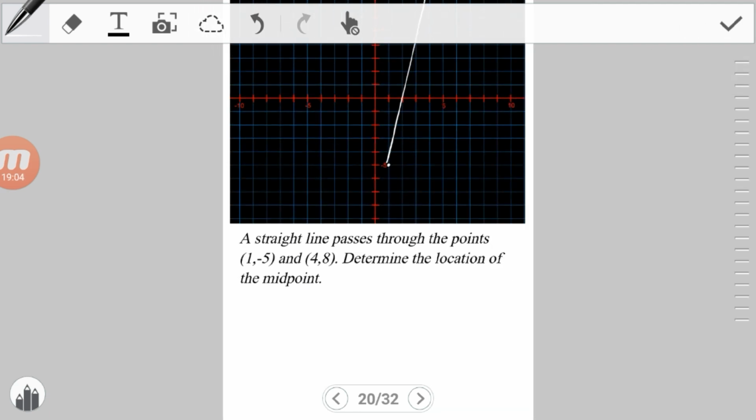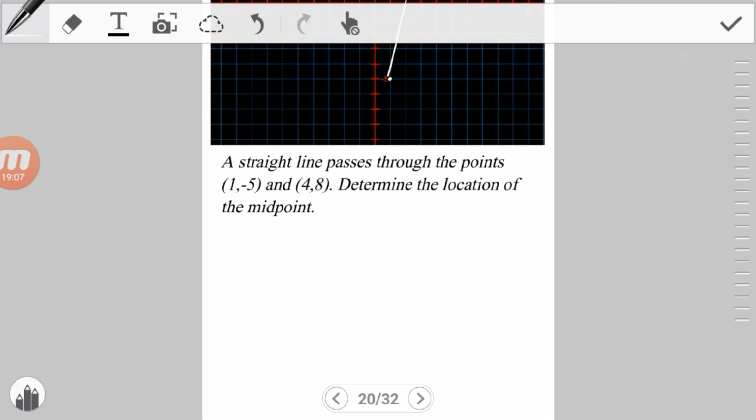Let's go ahead and calculate now the midpoint of this line. So therefore we're going to look at M being equal to x1 plus x2 divided by 2, y1 plus y2 divided by 2. All right, as usual, we name our points. So we're going to say here that this is x1, y1, x2, y2.